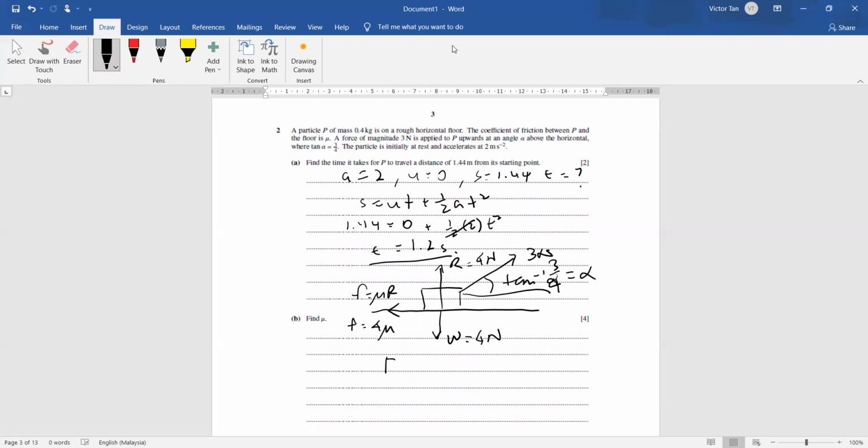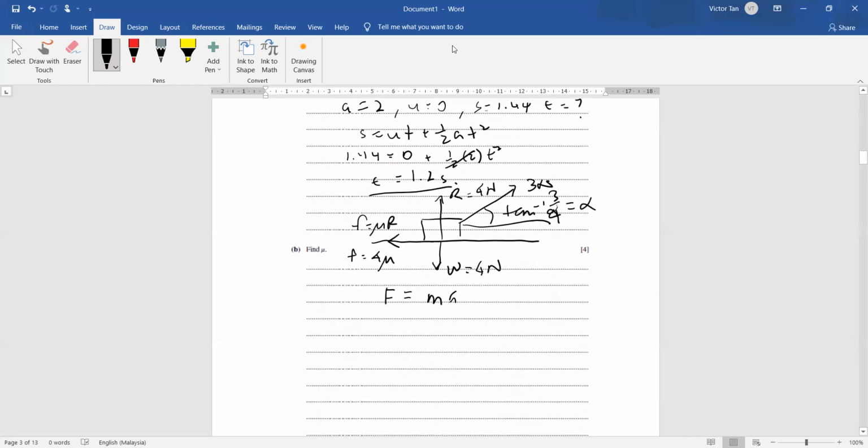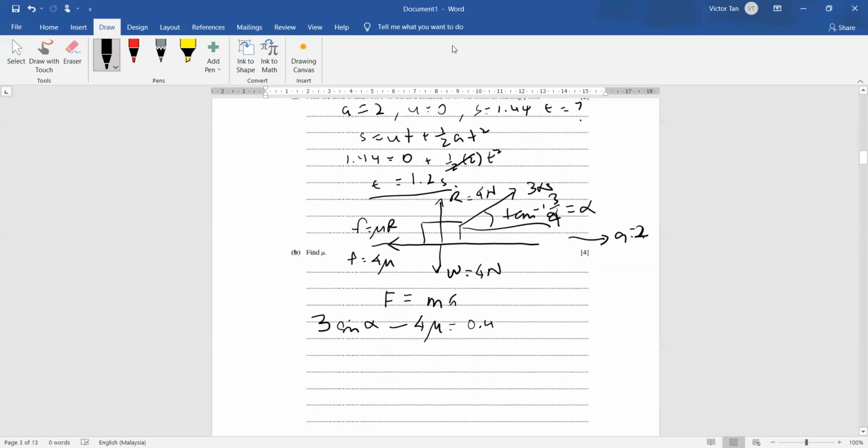So again, resultant force equals ma. The acceleration is moving forward, equal to 2. 3 sine alpha, which is a force pulling it forward, minus your friction, equals ma, which is 0.4 times 2. Okay.